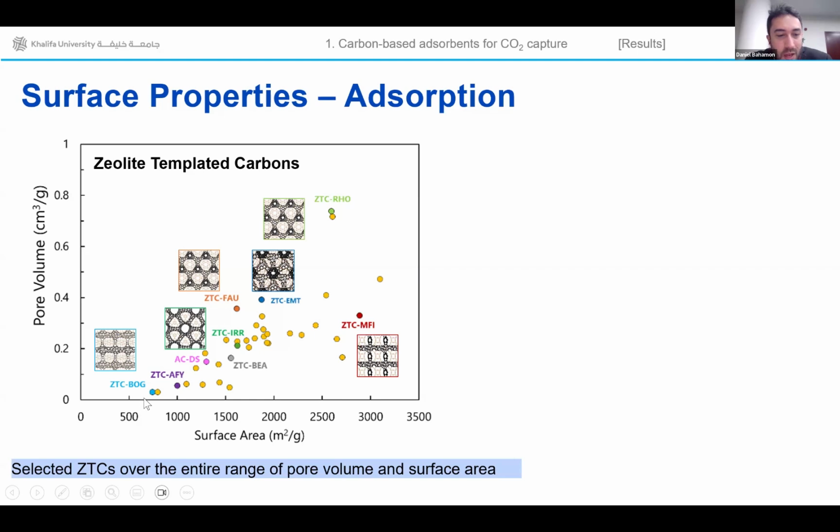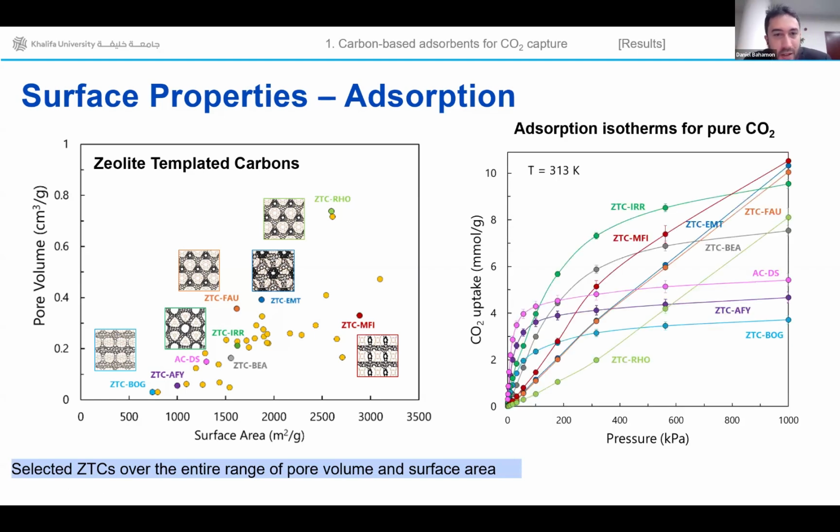The ones we selected are in different colors now, not in yellow. Basically, the idea is to explore the influence of the different porosities and surface areas in our structures on the CO2 capture. And these are the initial results.